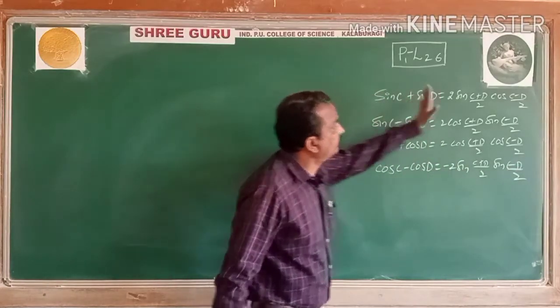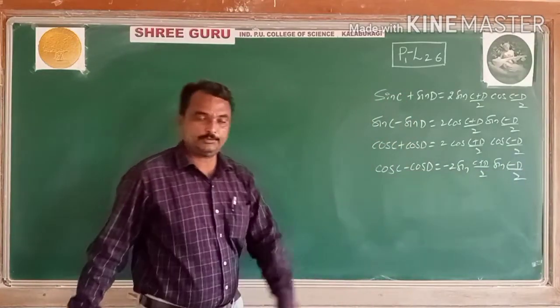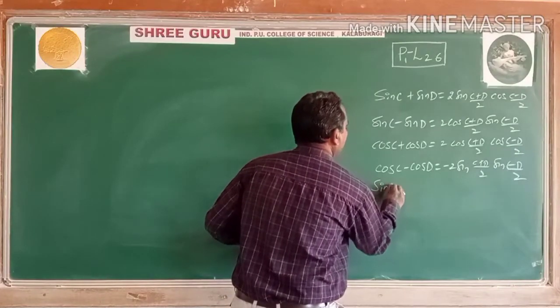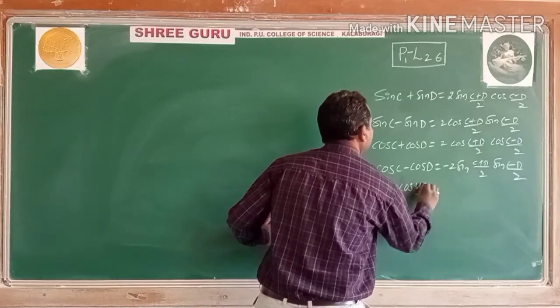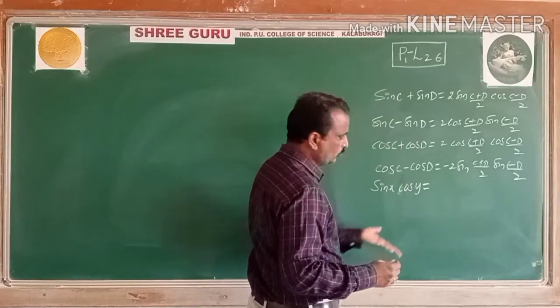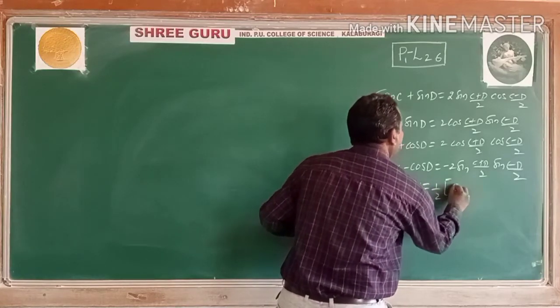Sum and difference in terms of product formulas. You know product in terms of sum and difference, and sum and difference in terms of product. Let us see product in terms of sin x into cos y, or sin A into cos B, or sin C into cos D. Like that you may write the formulas here.